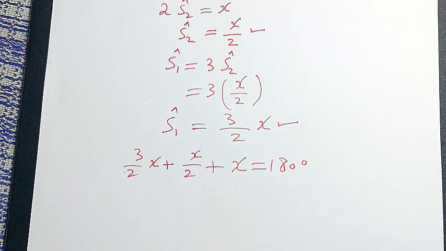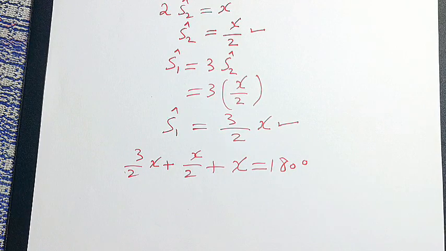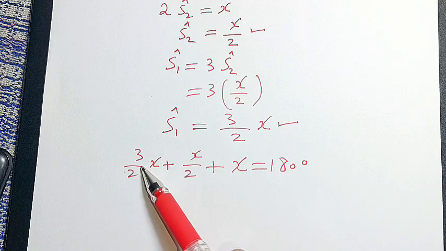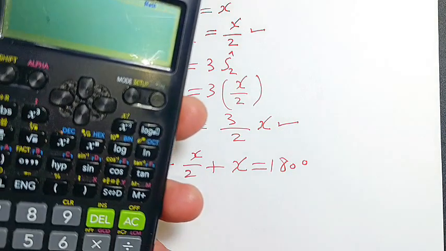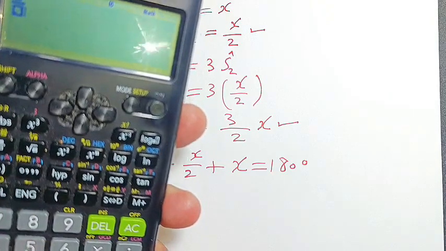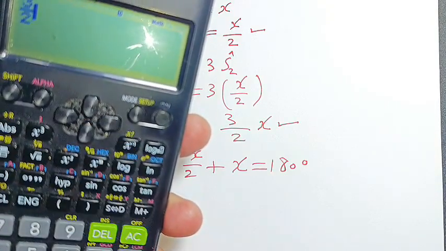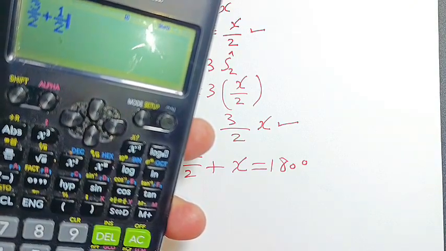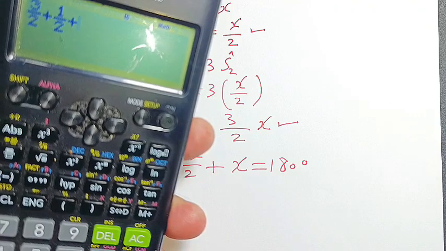So we're going to use the calculator. These are like terms now, because x exists everywhere. These are the coefficients of x. So we're going to add the coefficients, 3 over 2 plus 1 over 2, plus we have only 1x.